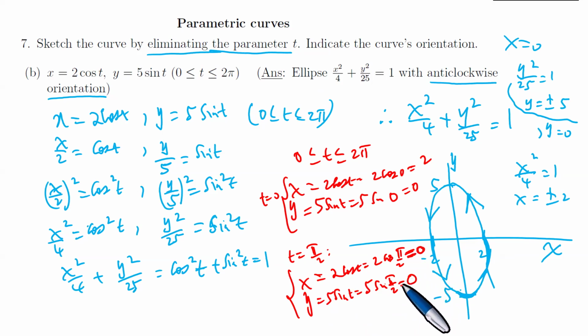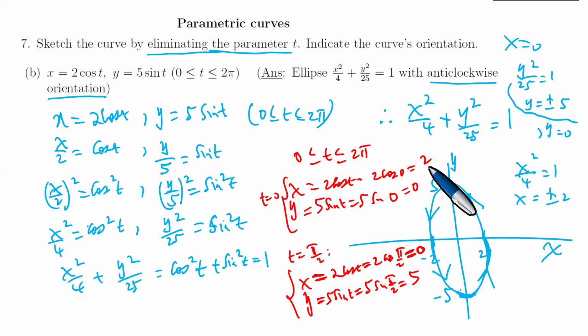So what you're going to have is that y is going to be 5, because sine of pi over 2 is 1. So you have 5. Let us check what happens when t is 0.